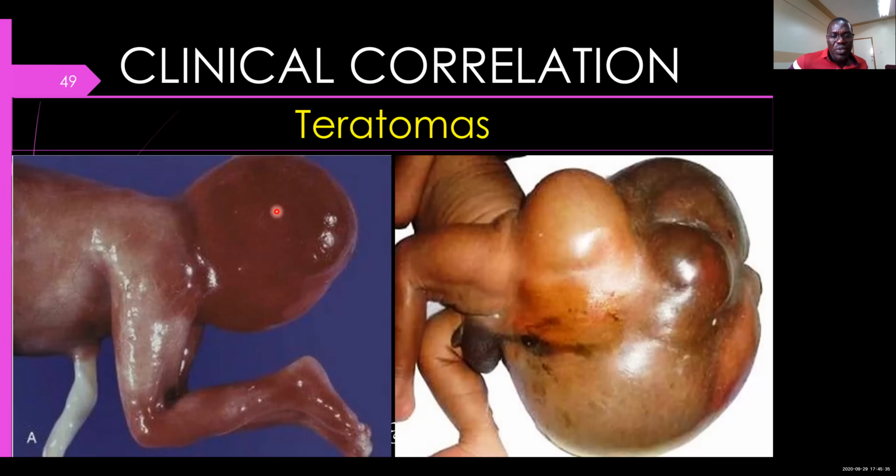They could be in the sacral regions. These are still teratomas. These are examples of tumors that a child can be born with. They can be congenital. By the time the child is being born, there's already a tumor. They occur due to loss of primordial germ cells. The primordial germ cells got lost.